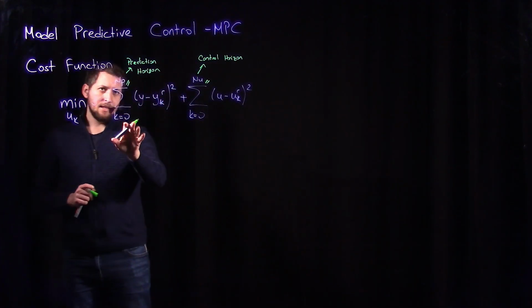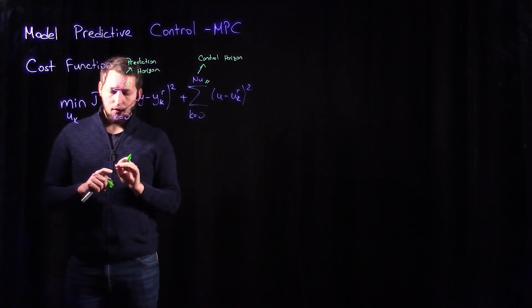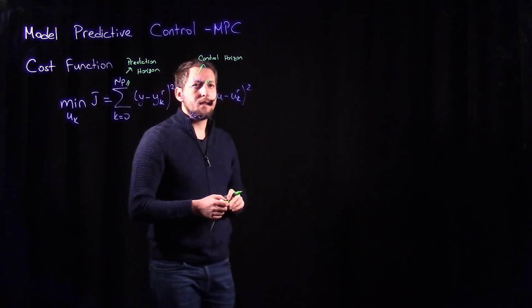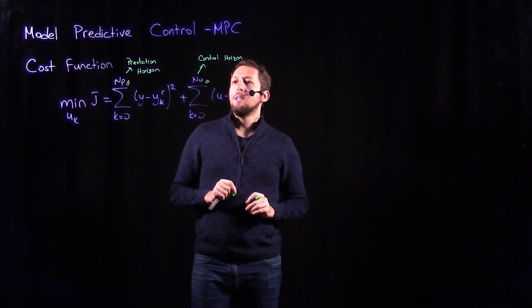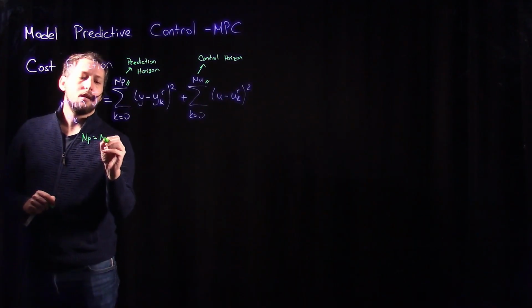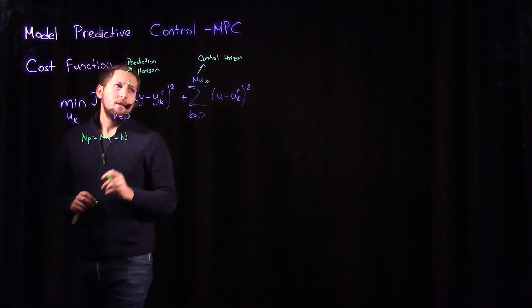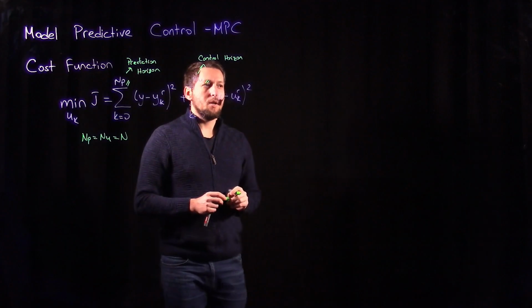As you can see, in this type of formulation they are not identical, but for the sake of simplicity we can take np equal to nu, and call this n, which is a number.